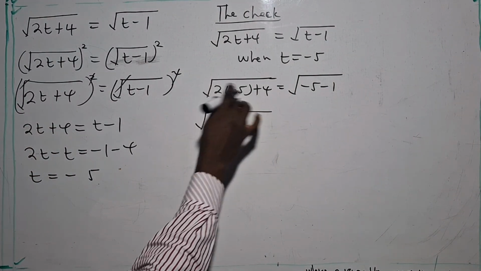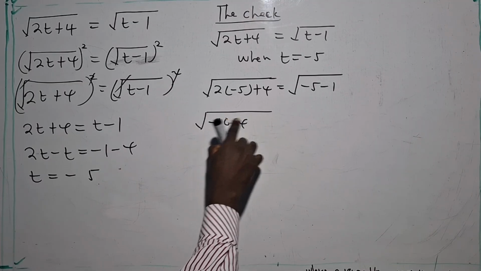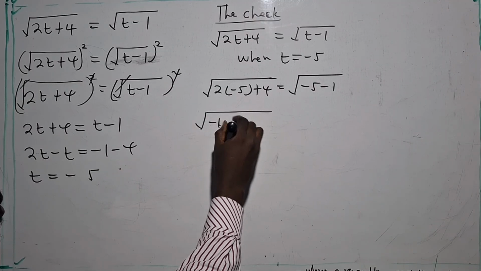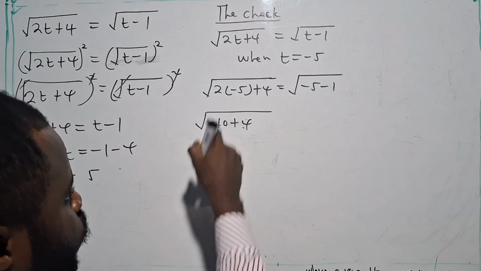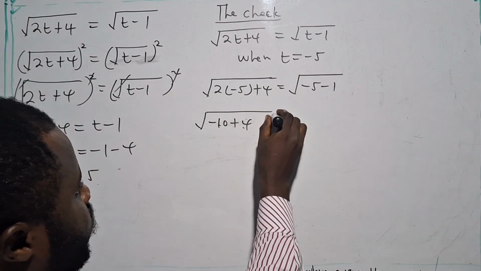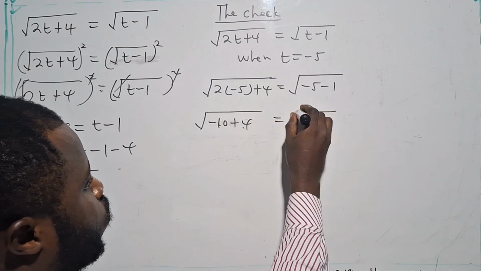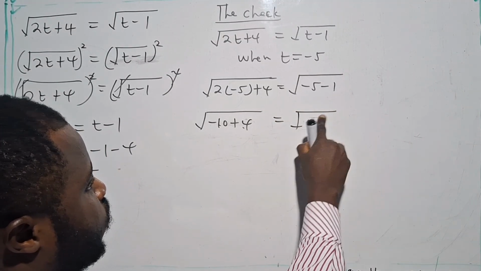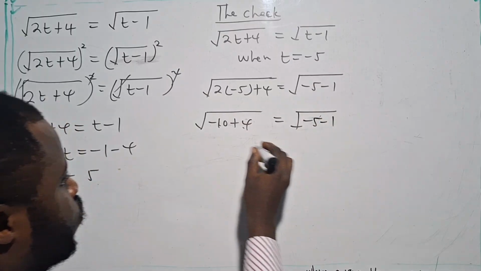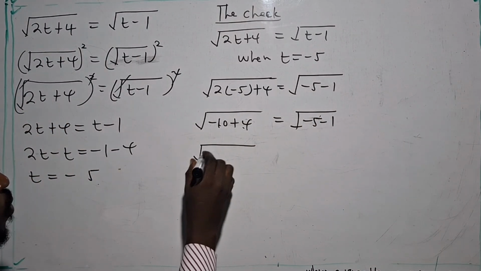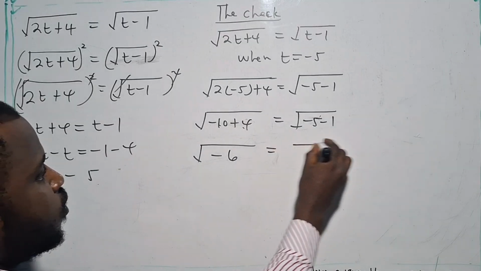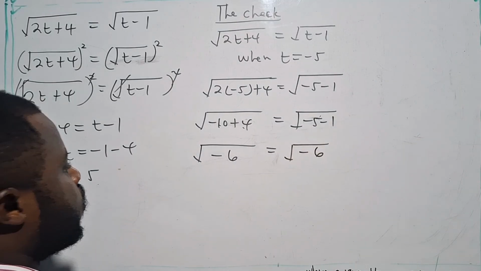So this side will give us negative 10 plus 4. Yes, 2 times negative 5 will be negative 10 plus 4, which will be equal to, let me even repeat this one here too. So negative 10 plus 4 gives you negative 6. Then this side will give us negative 6.